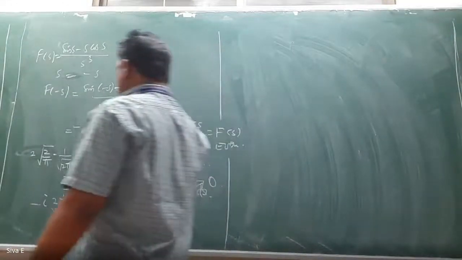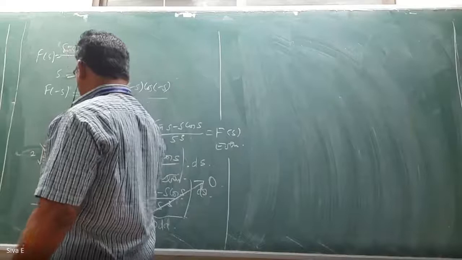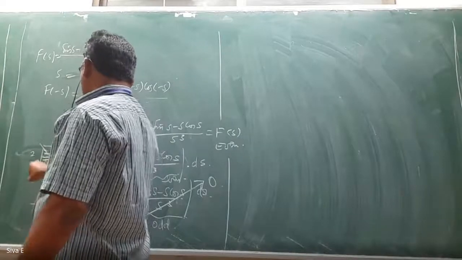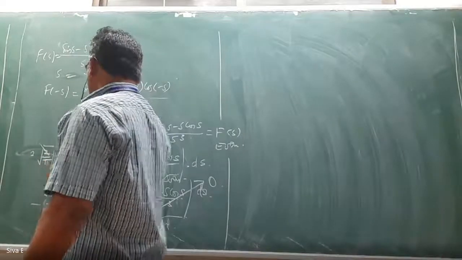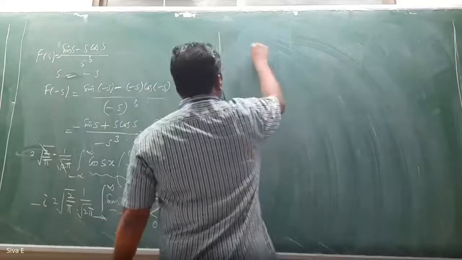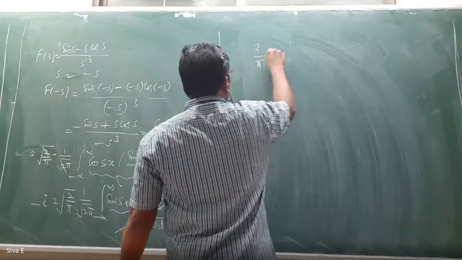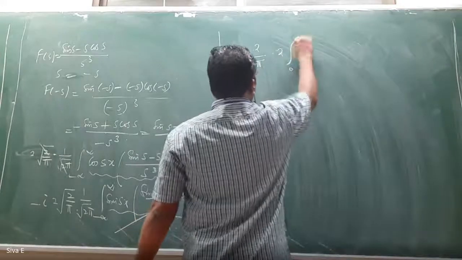So root 2 gets cancelled. 2 by root pi multiplication is pi. So 2 by pi and then multiplied with 2, 0 to infinity.